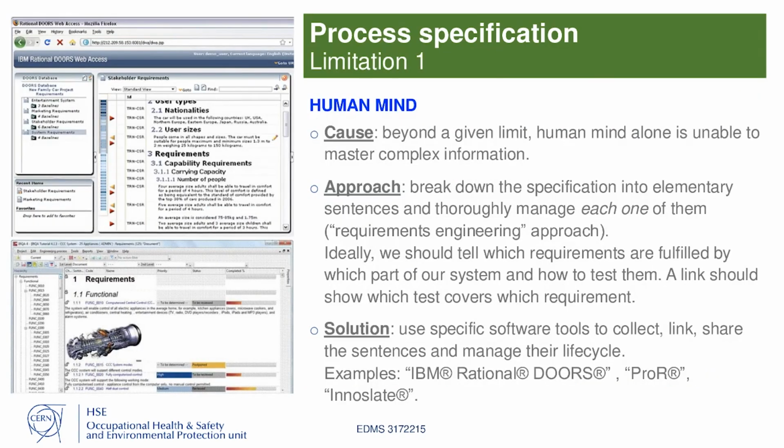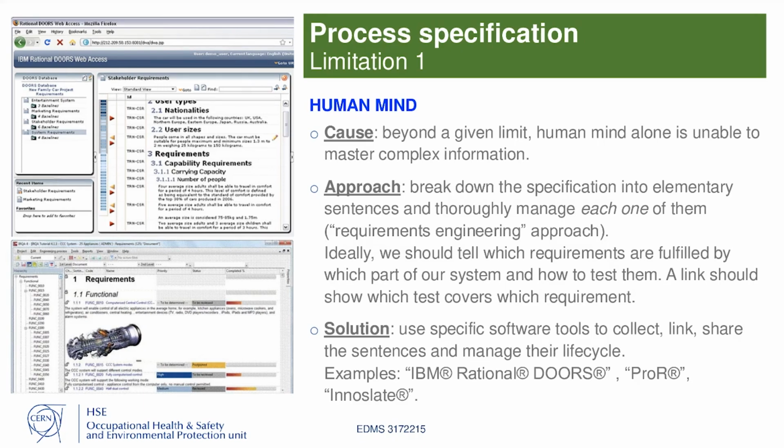problems, and actually the first limitation is the human mind. As I said, with the number of specifications of requirements for processing by melting radioactive waste, we go to a limit where a human mind alone is unable to master this complex information.